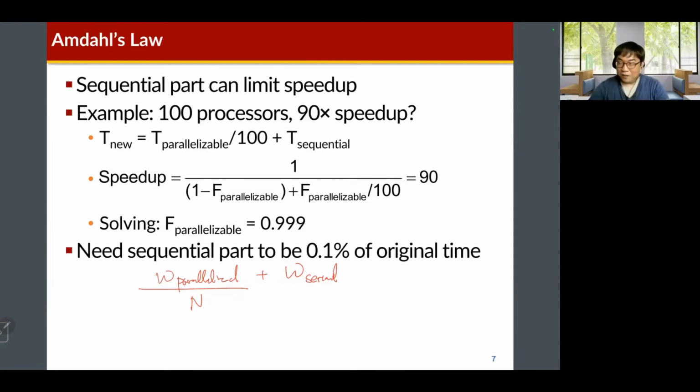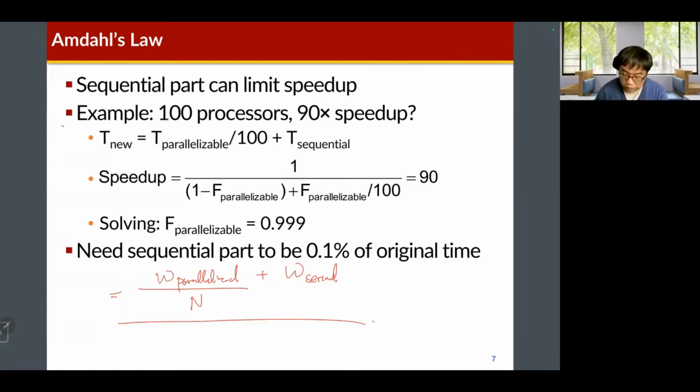So there are n cores, and we can reduce the execution time of this parallelizable part by dividing by n. So this is the enhanced execution time of the workload by multi-core architecture.